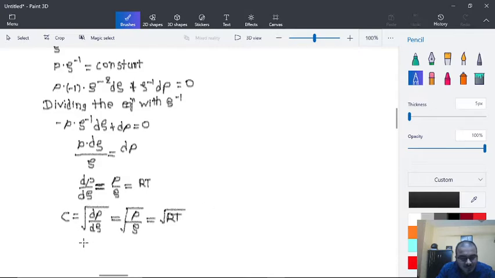So the value of C is equal to square root of RT for an isothermal process.